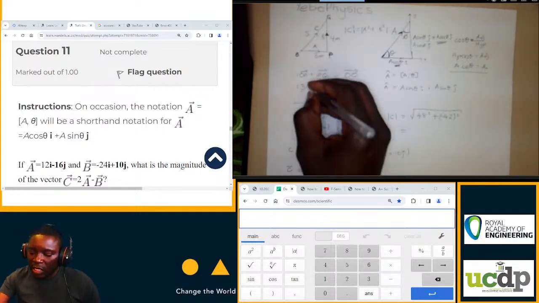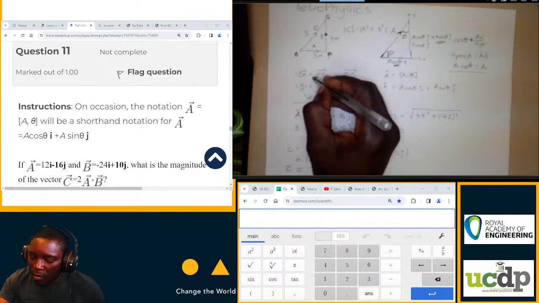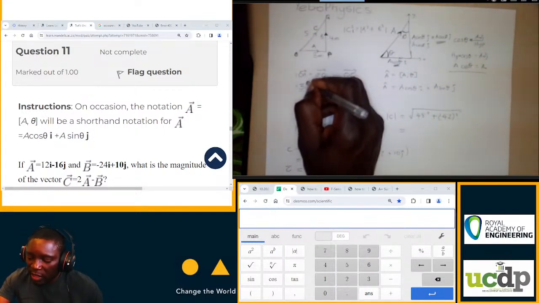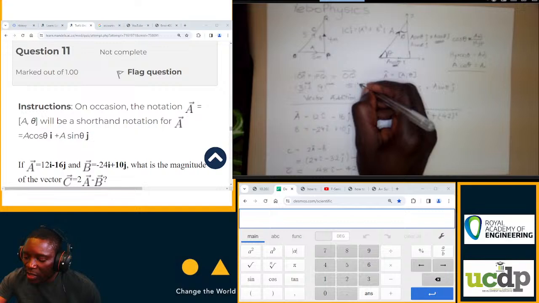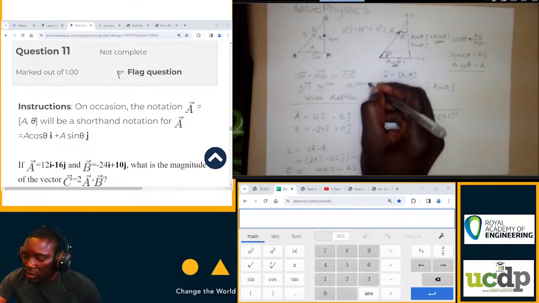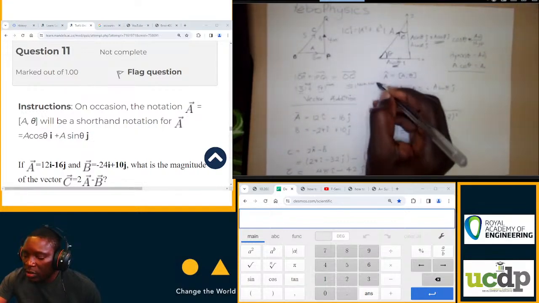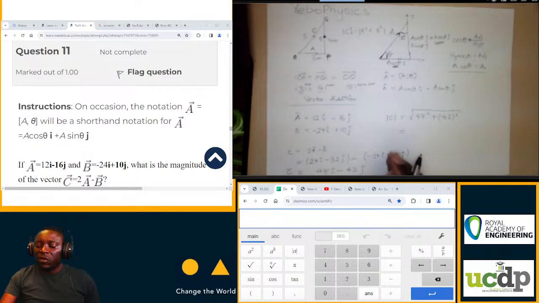But the directions are quite important in this case, because this is 3 meters east, this is 4 meters north, and the resultant is 5 meters northeast, like that, if we were to describe the vector fully in terms of magnitude and direction.